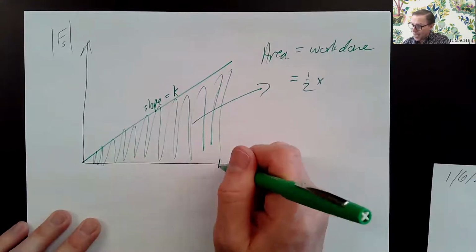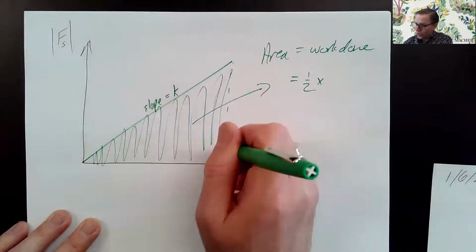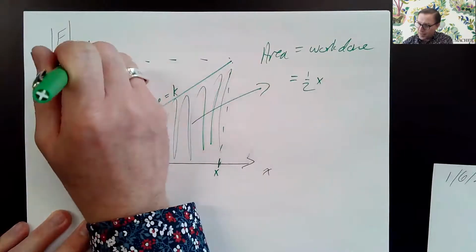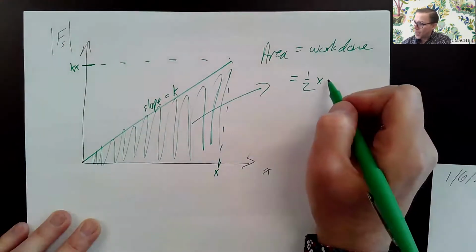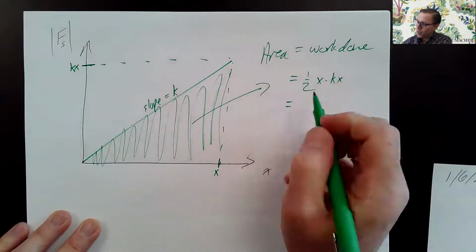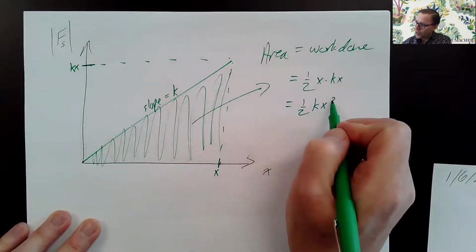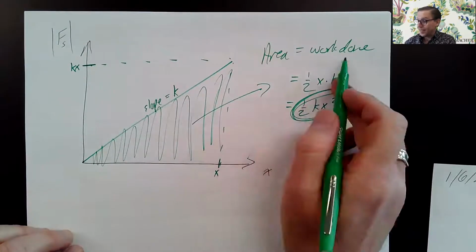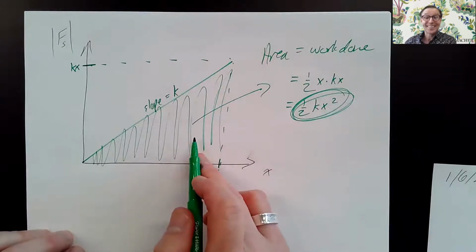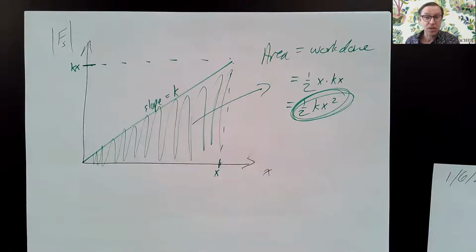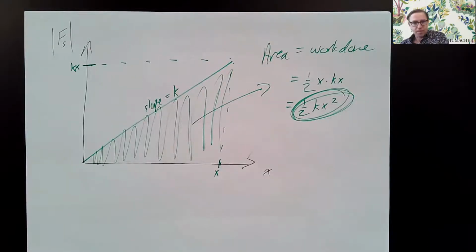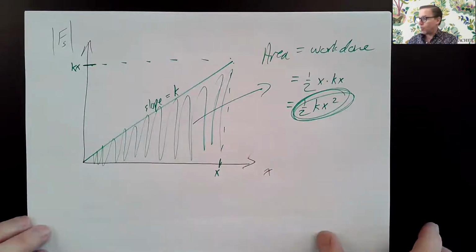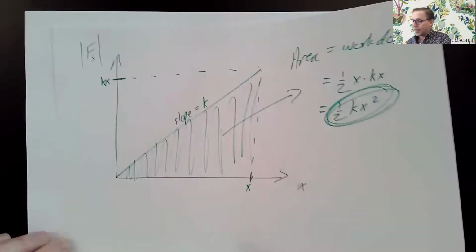So if this is x, then this is kx, 1/2 x times kx, which gives me 1/2 kx squared. That is the work done by the spring. And that should look familiar because we talked about that back in chapter 5. It's the energy stored by the spring. Either way, work done by the spring, stored by the spring. And again, that's review.